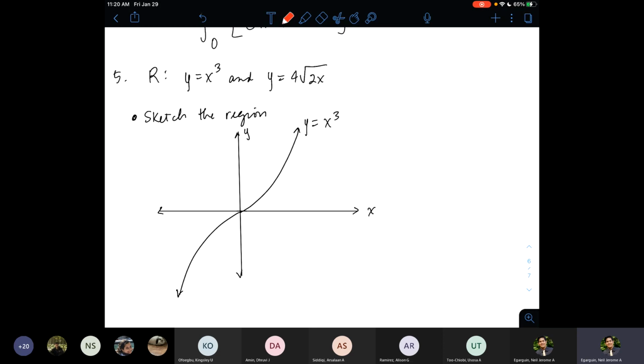Well, it's a square root function, so it's the upper semiparabola opening to the right. So when x is 0, the second function will have y equals 0. And then when I have 1, so say here is 1, here is 1 as well.